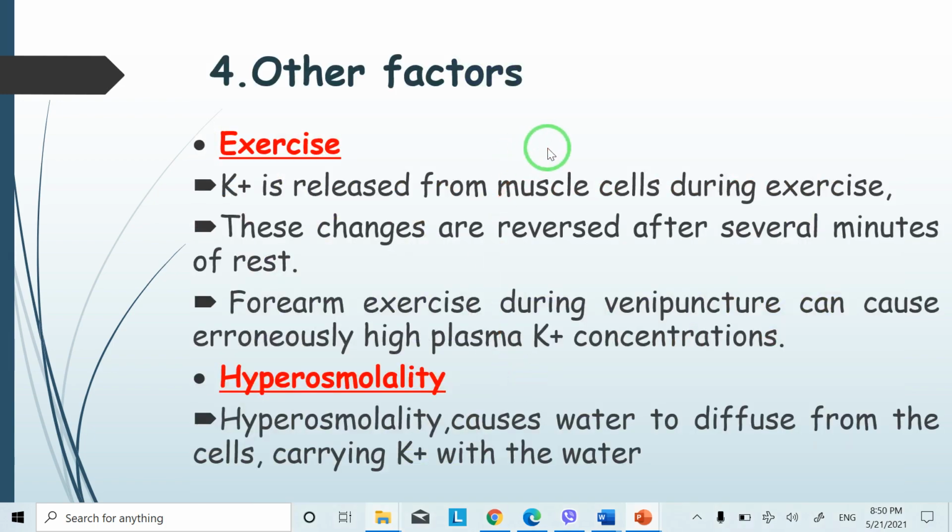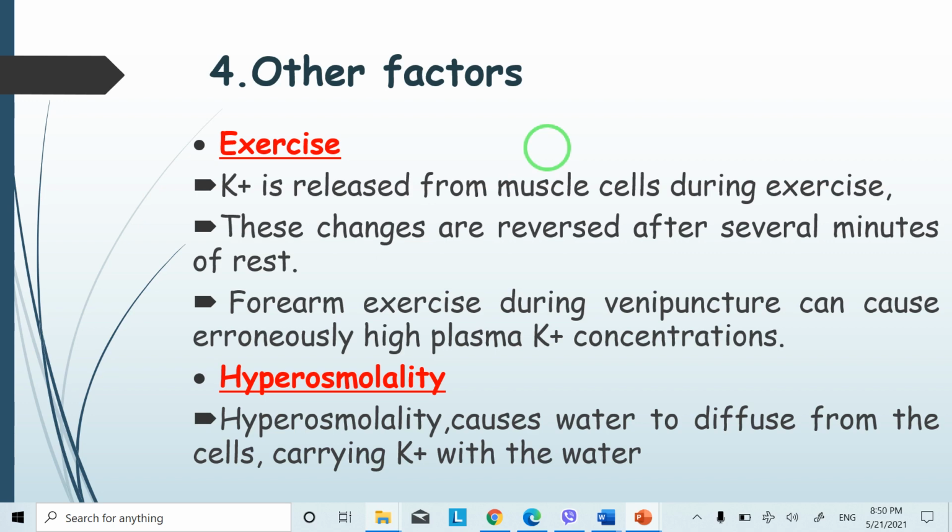Another factor that may play a role in maintaining the level of potassium within the normal range is exercise. Exercise enhances the release of potassium from the muscle cell, so it enhances the escape of potassium, but this will be transient and only for a few minutes, and after a few minutes of rest it will return back to inside the cell.